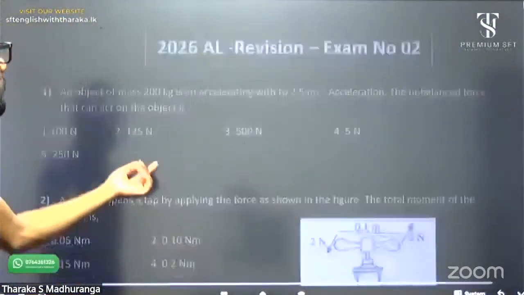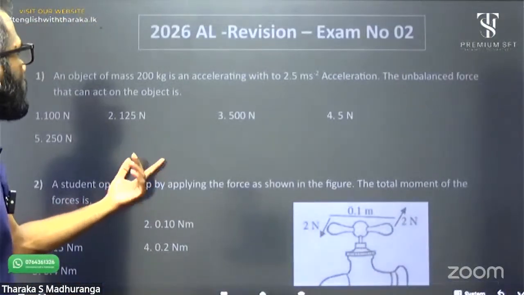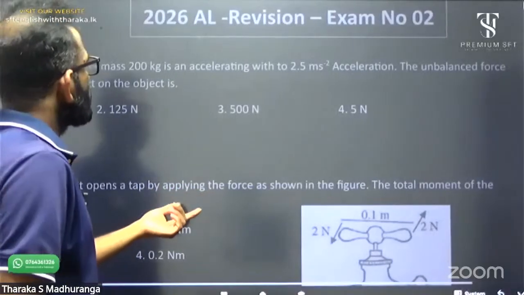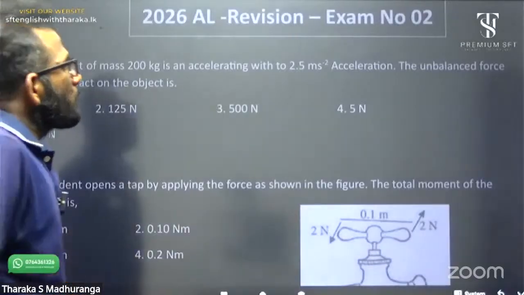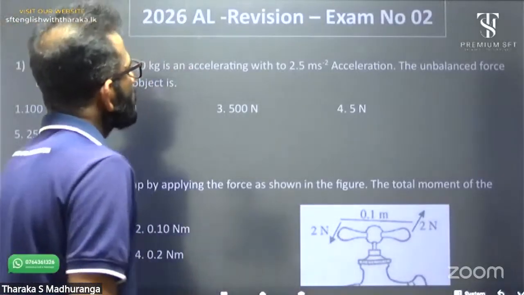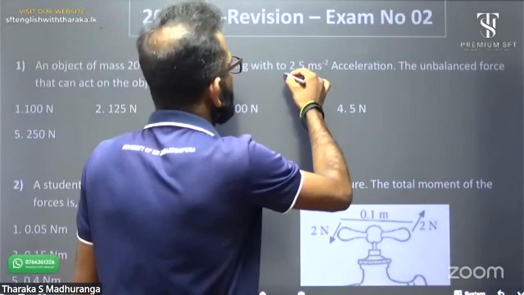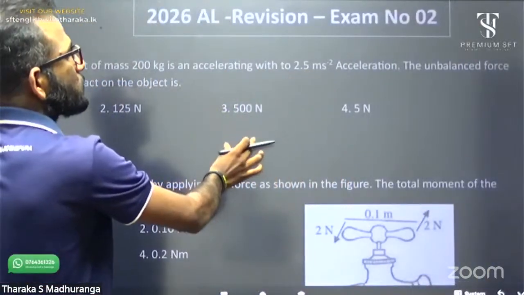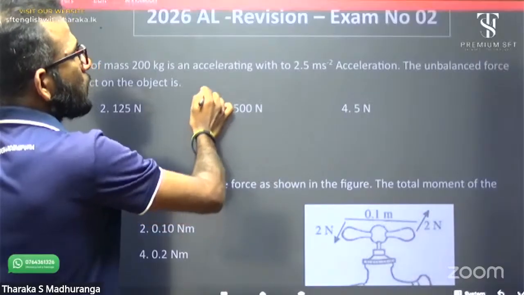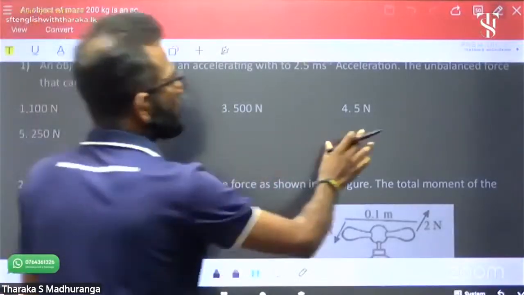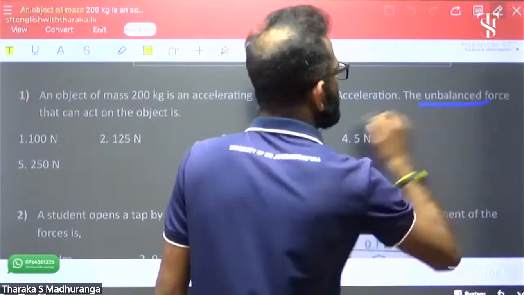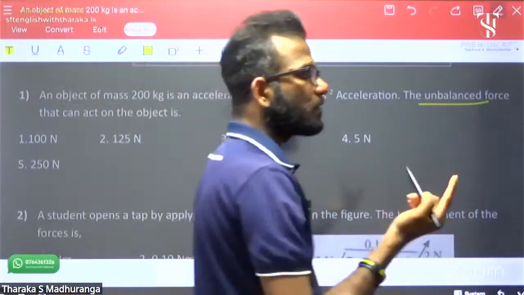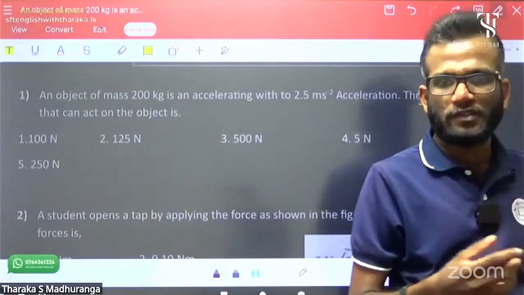Okay, first question. An object of mass 200 kilogram is accelerating with 2.5 meters per square second acceleration. The unbalanced force, can you tell me another name for unbalanced force?